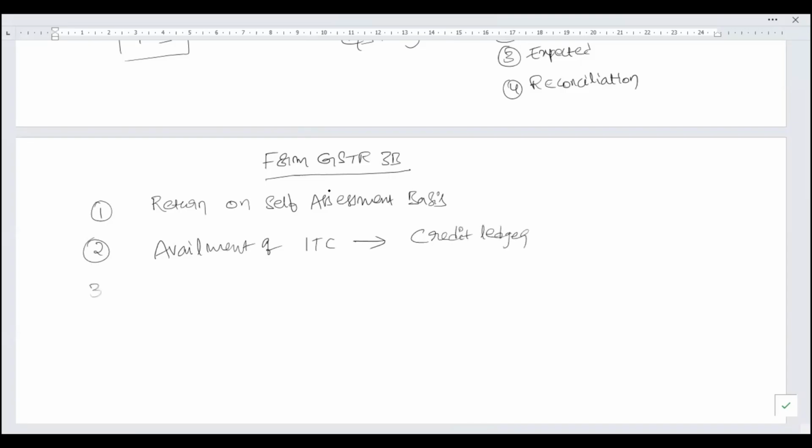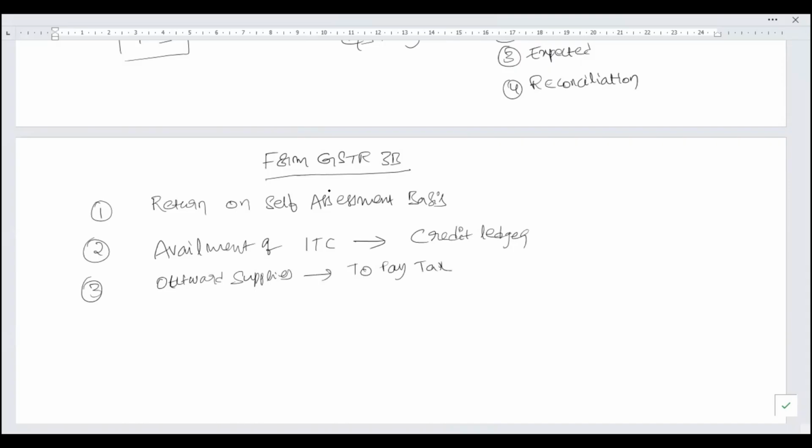Then you have your outward supply, on which we need to pay tax. So we will have a disclosure.